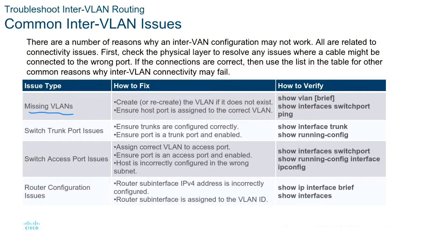Remember, the IOS does you a favor: if you assign a port to a VLAN, like I assigned port 6 to VLAN 10 and I hadn't created VLAN 10 yet, it created it for me. It didn't require me to go back and do it first. Normally, you would go to configuration mode and say VLAN 10, name students, VLAN 20, name faculty. But if you don't create it first, it will go ahead and make it for you. We can verify that with show vlan.